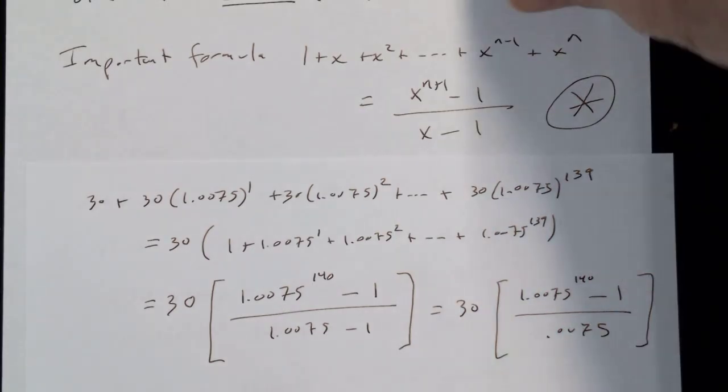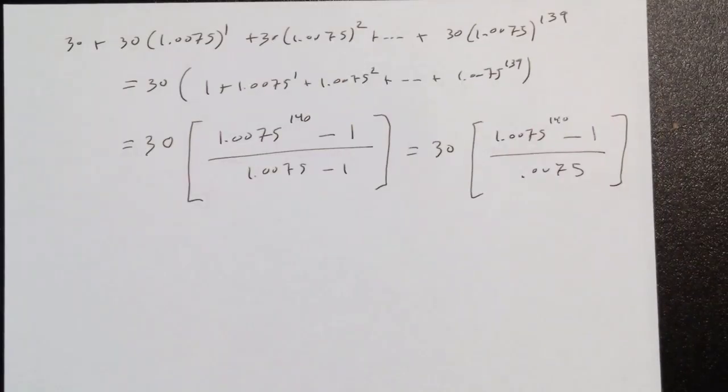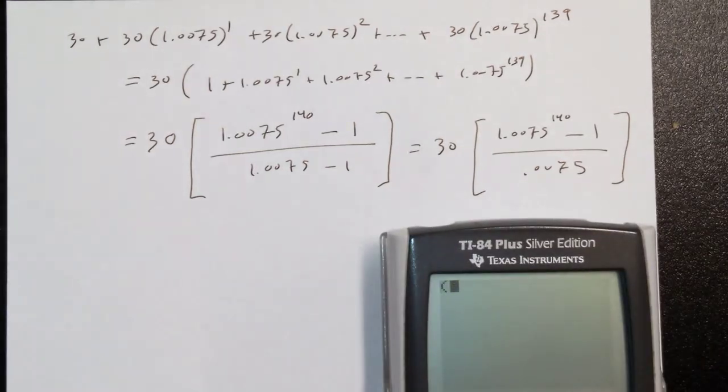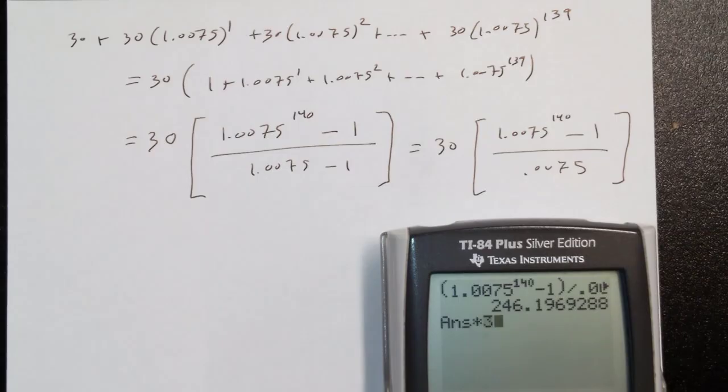Now I know exactly how much money I have. 1.0075 raised to the 140th power minus 1, close parentheses, divide by 0.0075, take that number, multiply by 30. $7,381, sorry, $7,386.91.